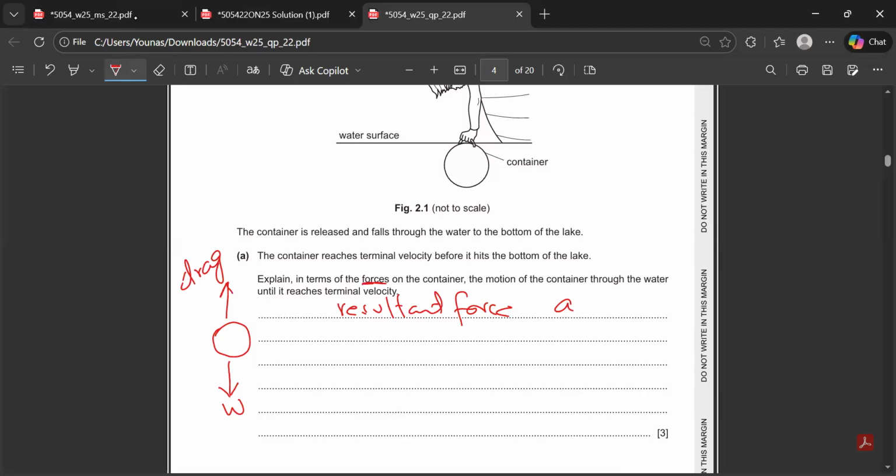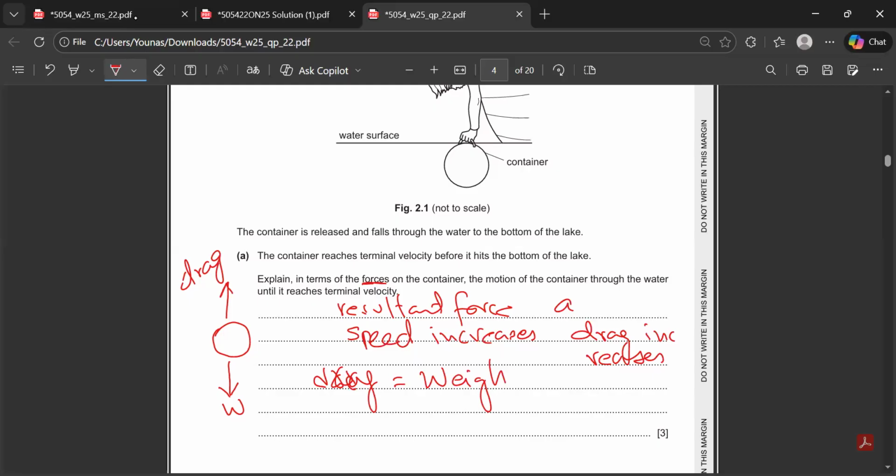As the speed increases, the drag increases. So eventually, at some point, the drag will become equal to the weight.